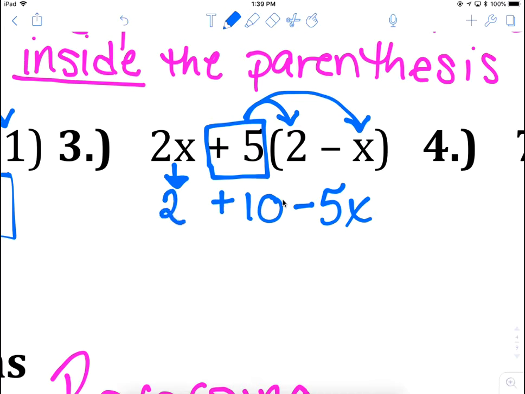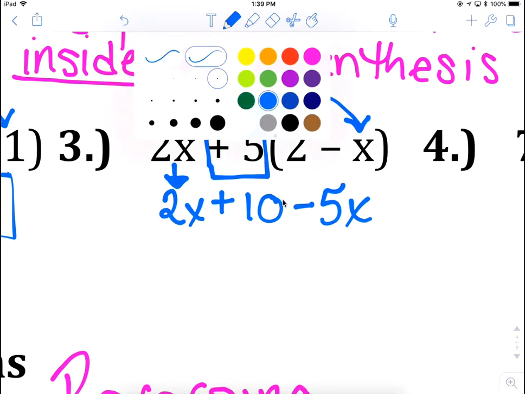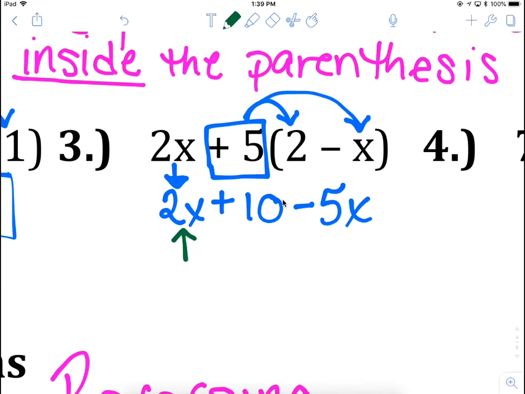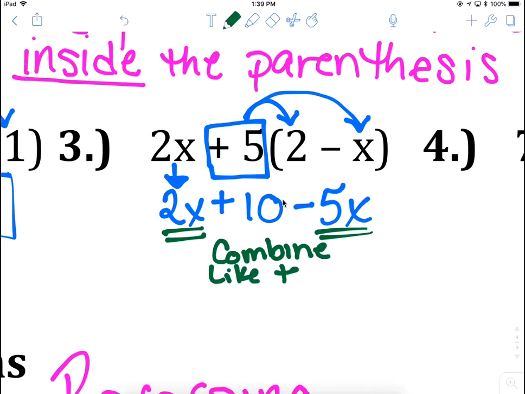That makes a 2x. Now, if you remember back from middle school, and I'm going to change colors real quick, we are not allowed to have x's that are like this, both in the same line. We're told to do something with that, and it's called combine like terms. So I'm going to go ahead and write combine like terms underneath that.